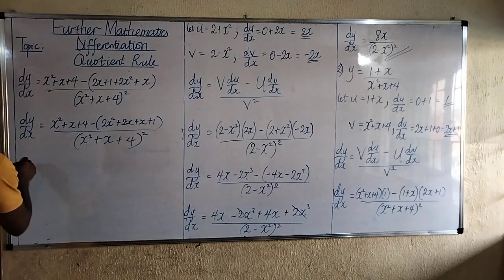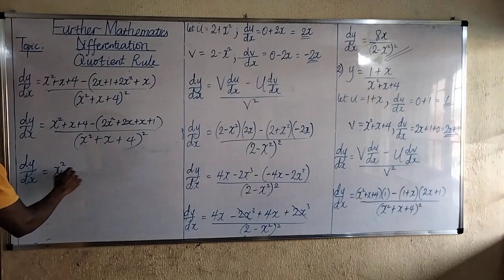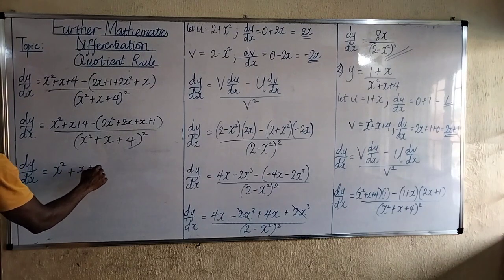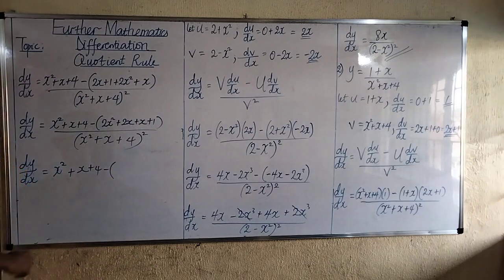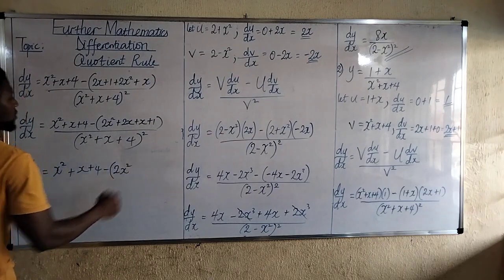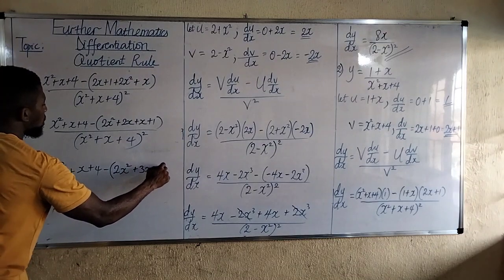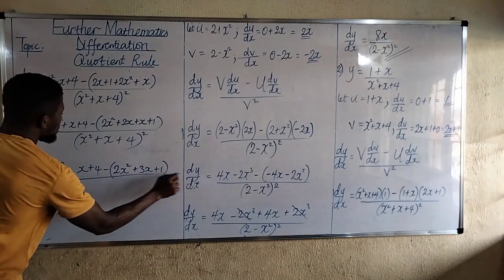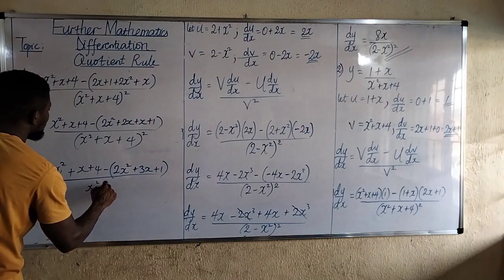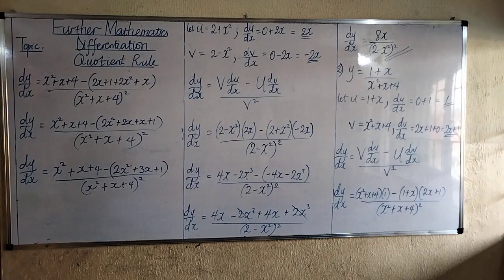So when we add these up, we have dy over dx to be x squared plus x plus 4 minus, bracket open, we still have our 2x squared. These two will give us plus 3x plus 1, all over x squared plus x plus 4, all squared. Now we can expand by opening up this bracket.